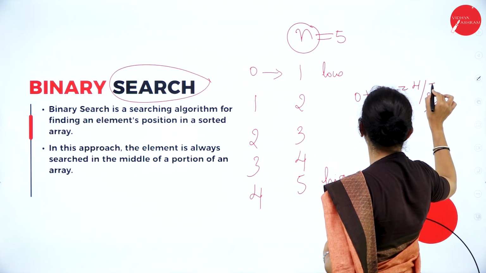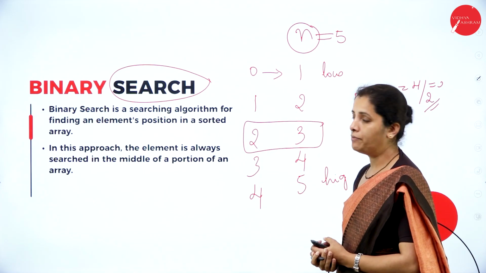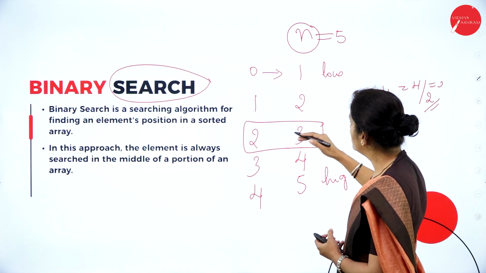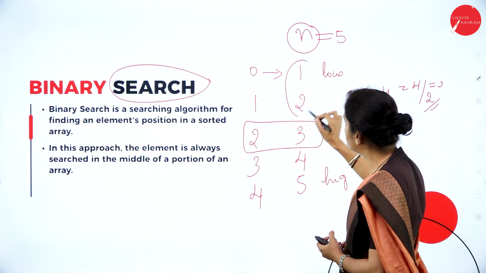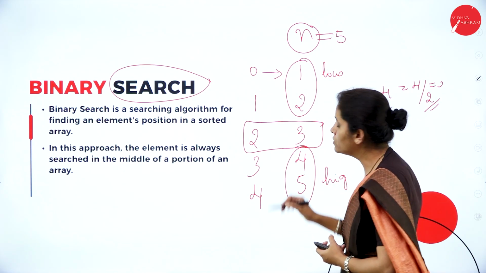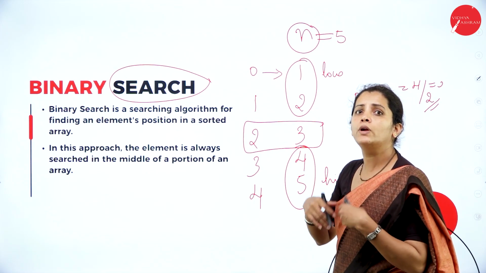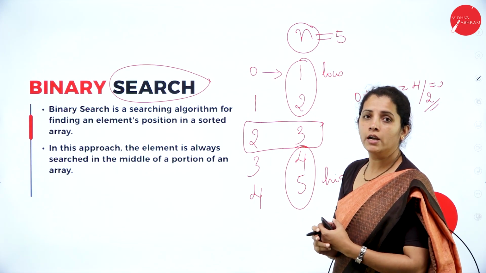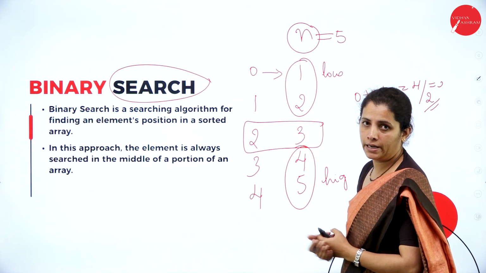So my midpoint is 2. This is my midpoint. Now see here, if I consider 3, on both sides I'm going to have a sorted array. Once again I'm going to apply the same procedure in order to find the element.